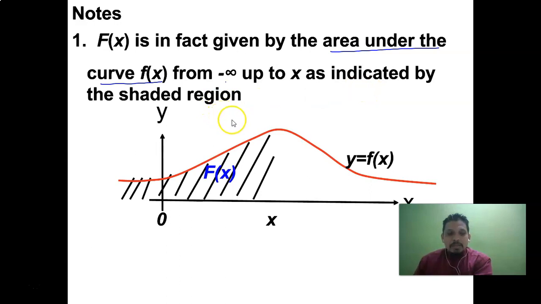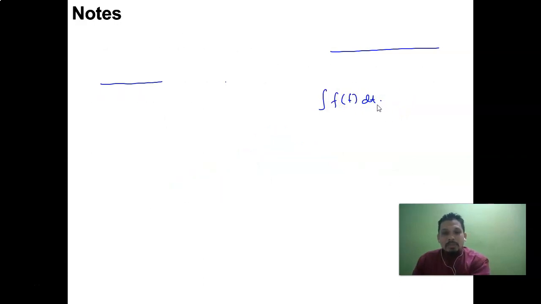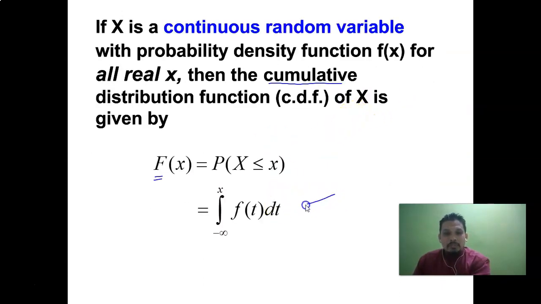Which means that we are actually talking about the area between the curve, or the function, and the x-axis. That's why we integrate the function f(t) dt, just like in the previous notes here.